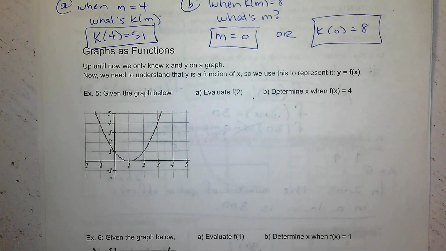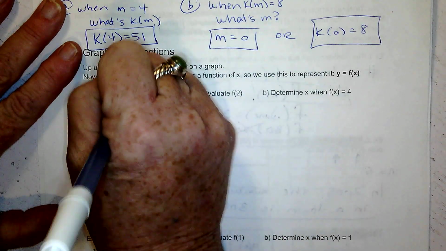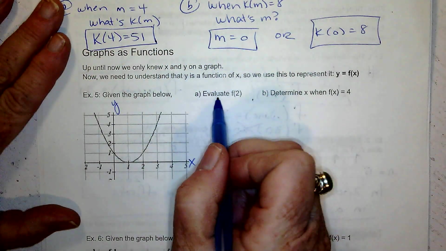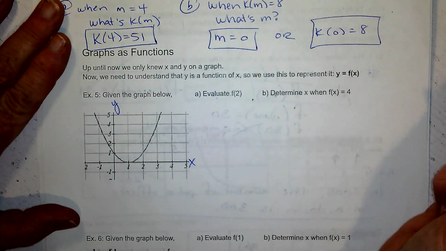All right, we're going to do the same thing with graphs. And I always ask the same questions. With graphs, it's a little bit easier because we have x, y, and that's usually all you're going to see, because we've got an x, y Cartesian coordinate system. So if you're going to evaluate f of 2, what is that 2 replacing?